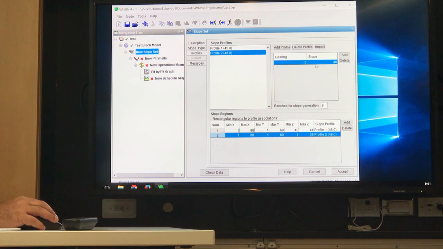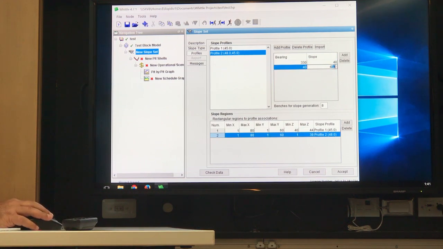So let's put 330, 48 degrees, and then 45, sorry, 48. So what does it mean here? It means that between 330 to 45, with respect to the north, it's going to be 48 degrees.